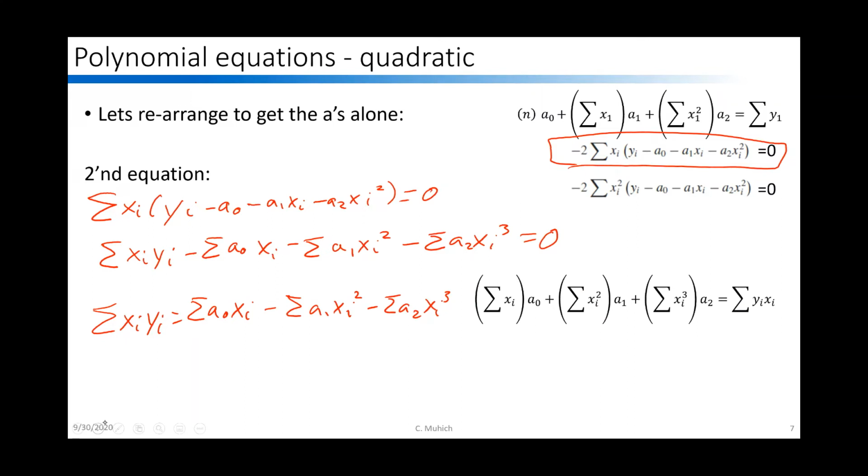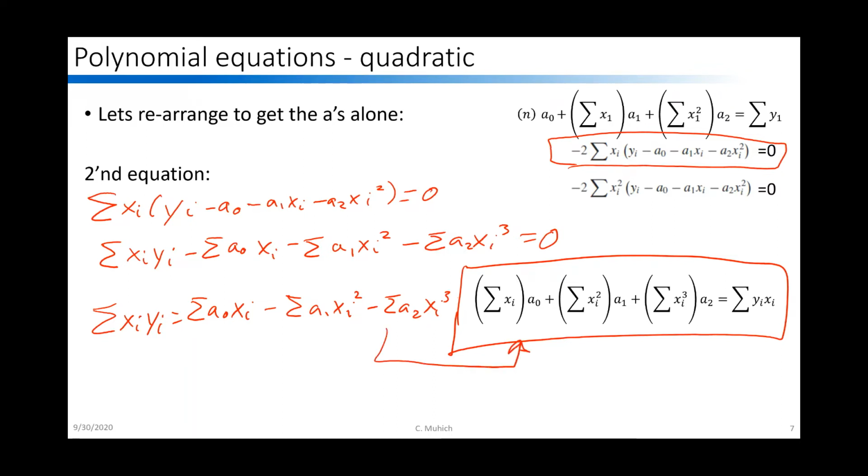So this is going to be our second equation that we're going to use for solving these coefficients. All I've done in this case is pull those individual A's outside. These different A's are constants, so I can pull them out of the summation. And here on the right, I'm reflecting that these A's have been pulled out by making sure that those summations are in parentheses.